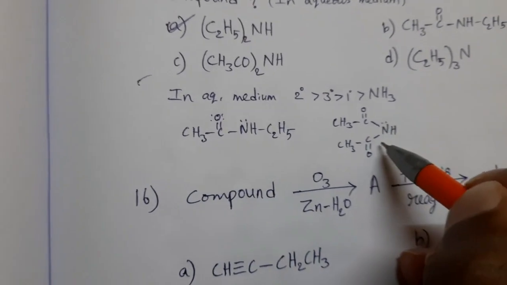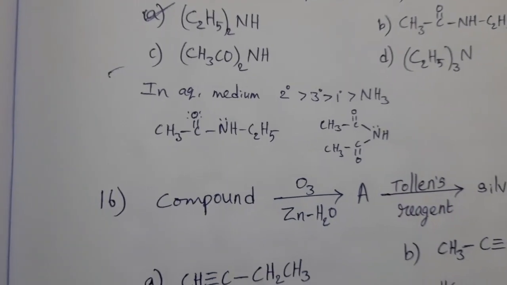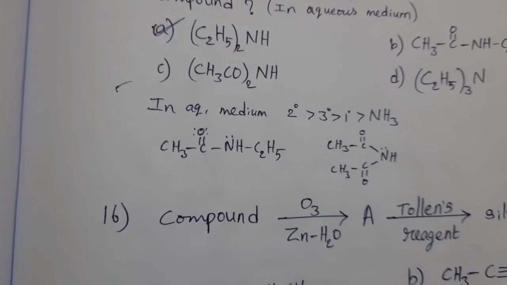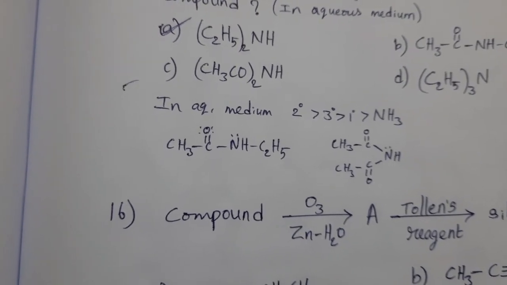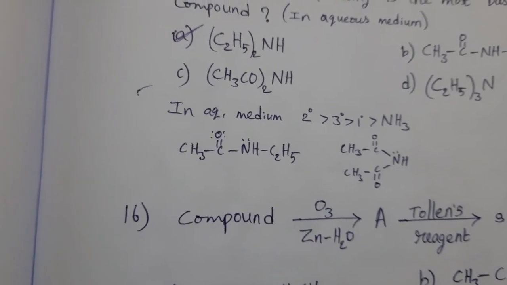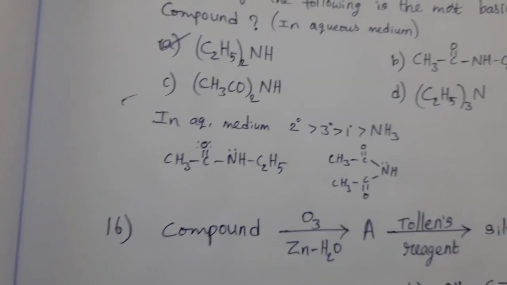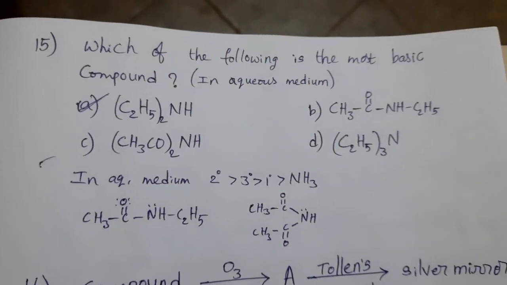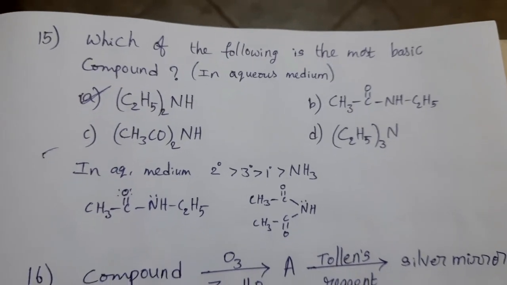So here also the lone pair of electrons present on the nitrogen are involved in the pi bond formation. That's why basic character is less. So option A is the most basic compound in these options.